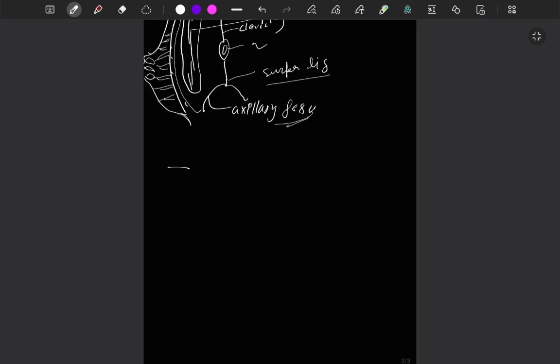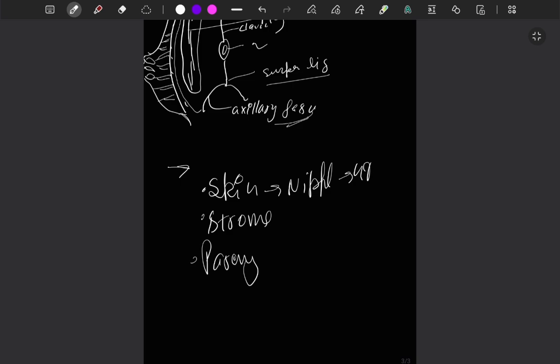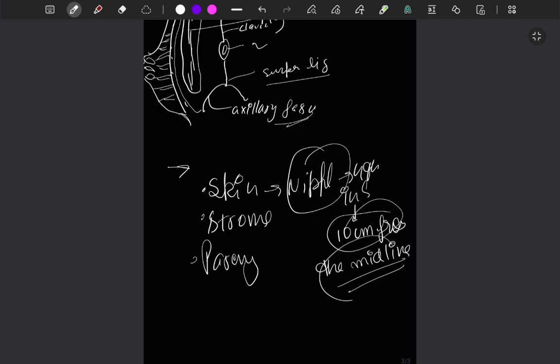Now the structures present in the breast are skin, stroma, and parenchyma. The skin has the nipple, which is present at the fourth intercostal space, 10 centimeters from the midline.